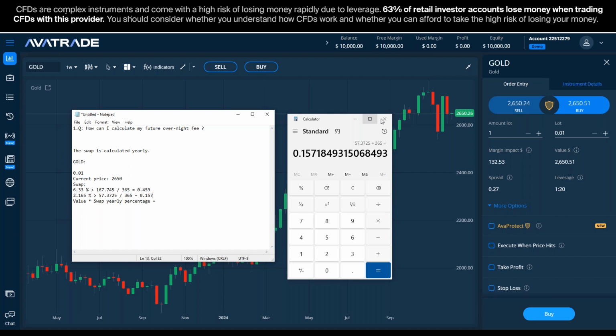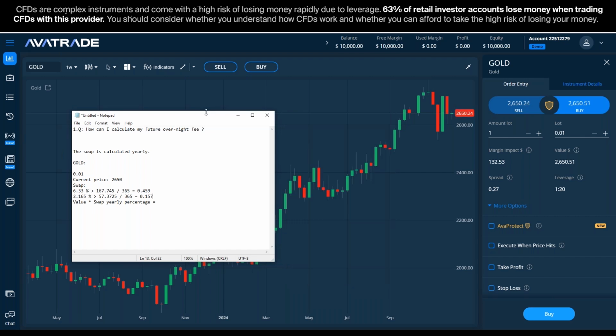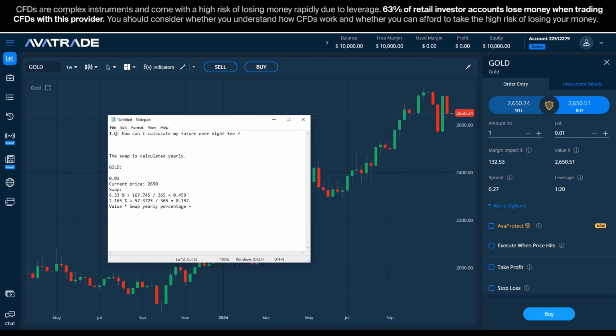Yeah. Now, it's important to remember, guys, that the same way that I did this calculation here, just a second, value times yearly swap percentage equals annual, okay, yearly, divided by 365 equals daily.